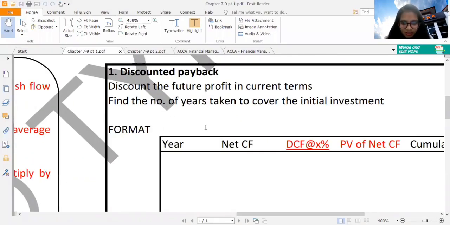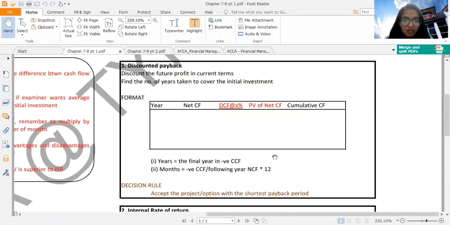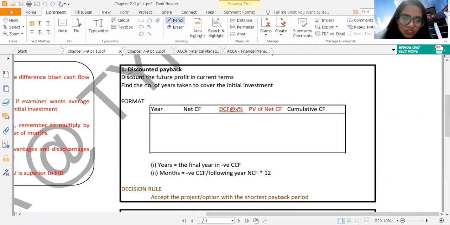So for the adjusted payback period, another term that you use is also called the discounted payback period.